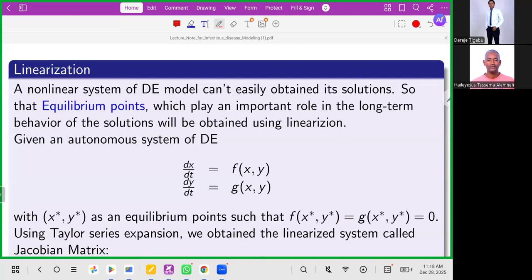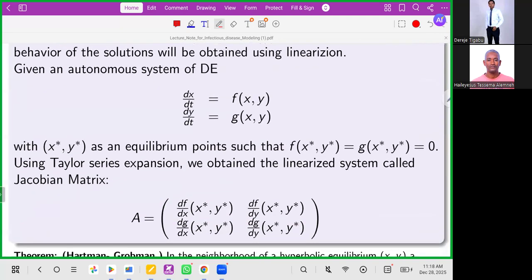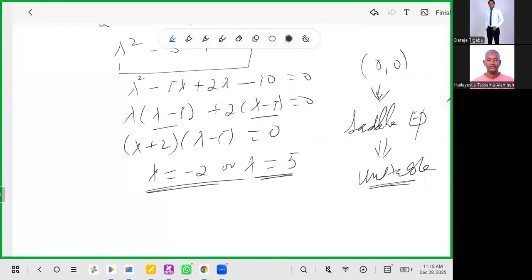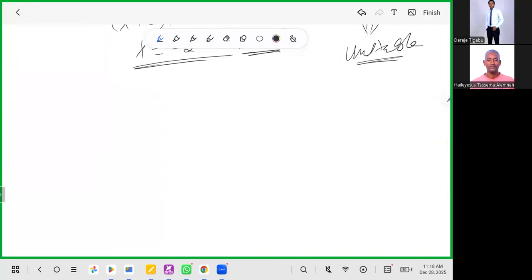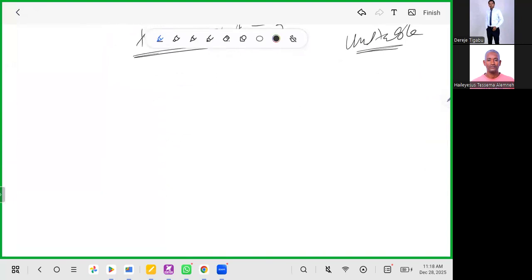So assume that we have been given this system, and let's assume that (x star, y star) is the equilibrium point of this system.